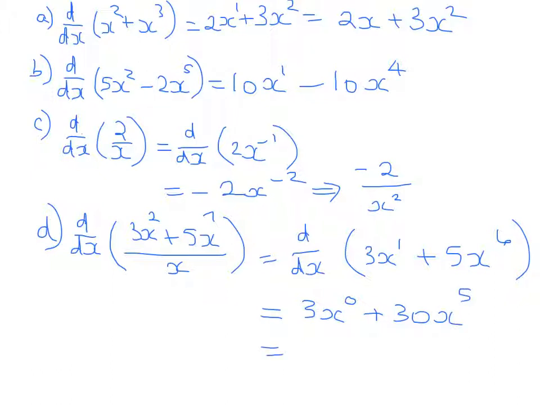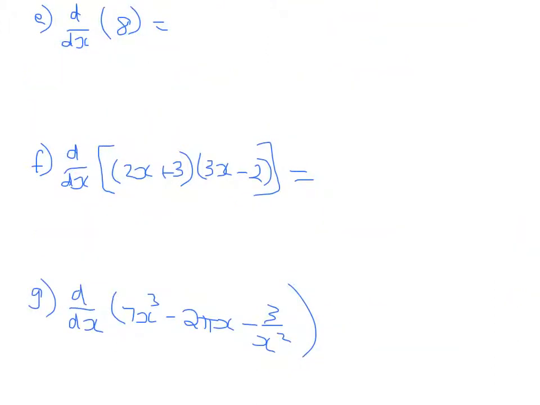Now, as you know, anything raised to the power of 0 is, that's right, 1. So that's 3 times 1, which is just 3, plus 30x to the 5th. And the general rule is if you've got a constant and just an x term, the derivative is simply the coefficient in the front of the x.